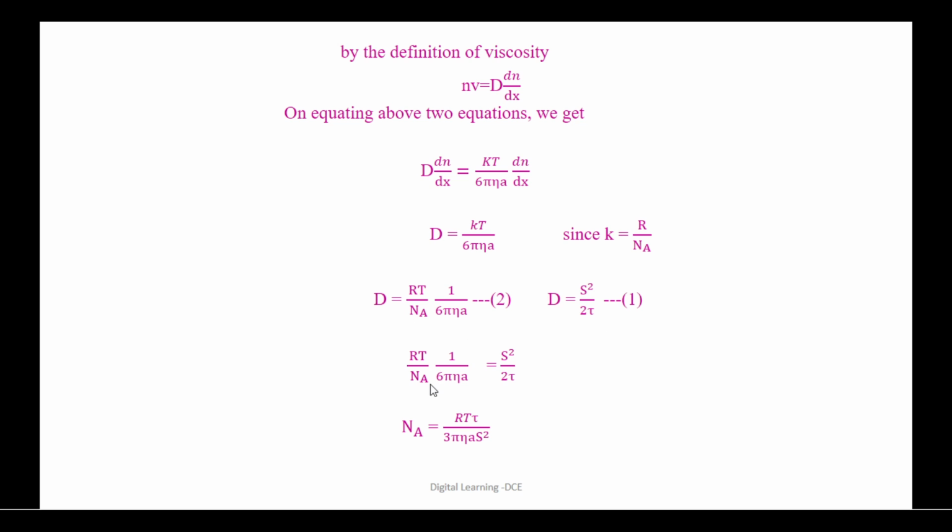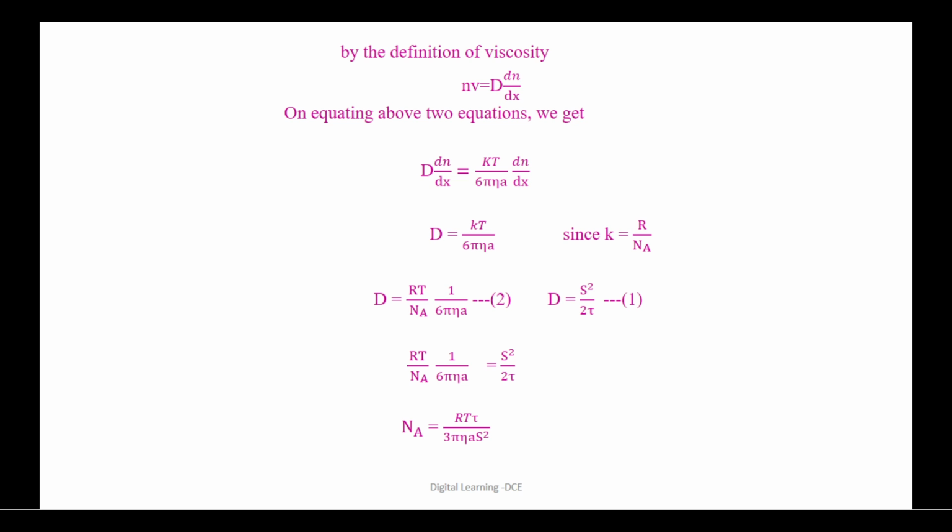That is RT by Na into 1 divided by 6 pi eta a is equal to S square divided by 2 tau. Then on rearranging the terms, we get Na is equal to RT tau divided by 3 pi eta a S square. So by knowing these terms, we can calculate Avogadro's number.